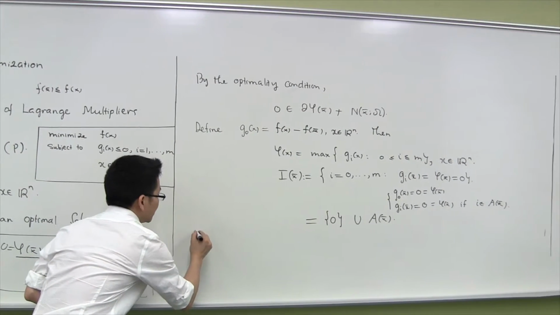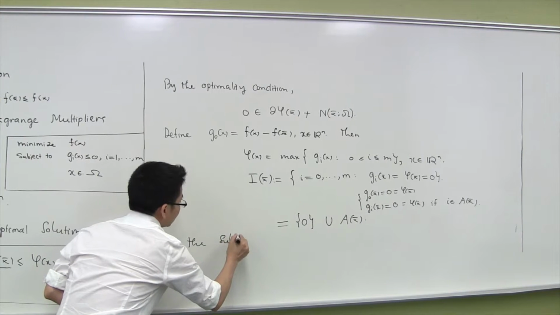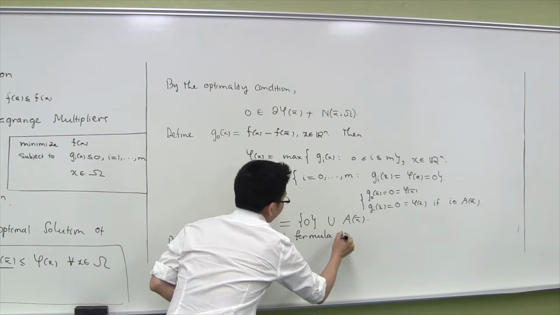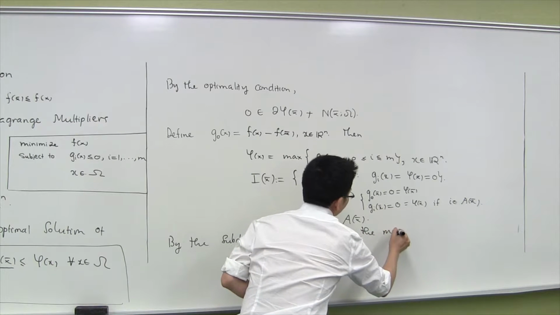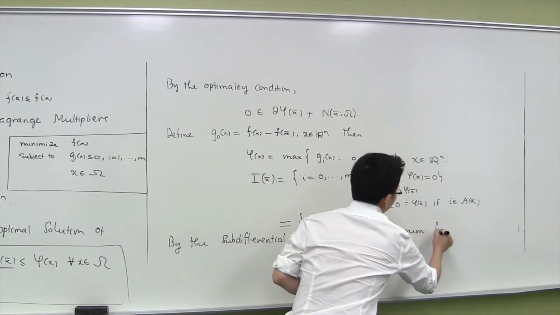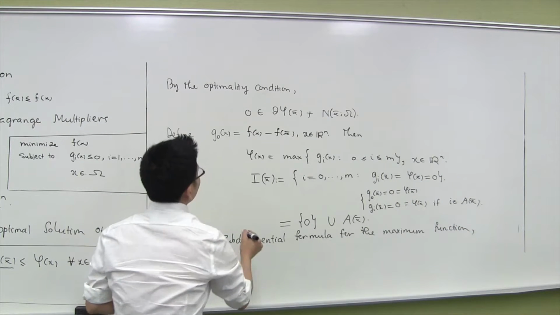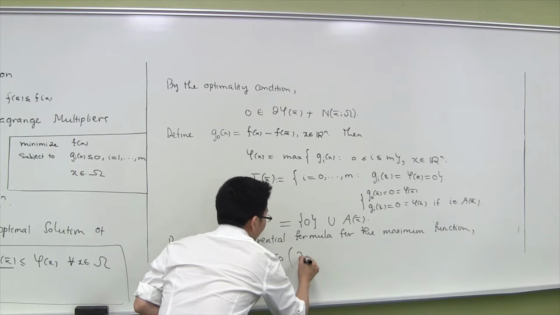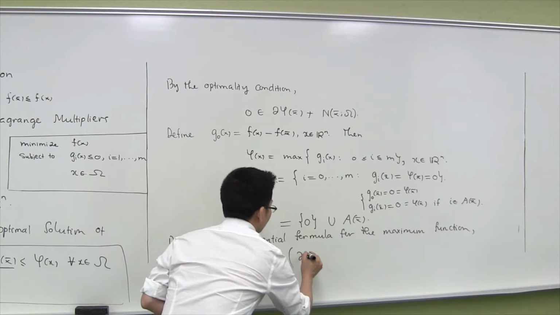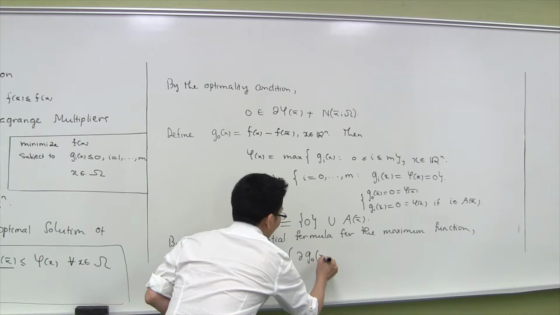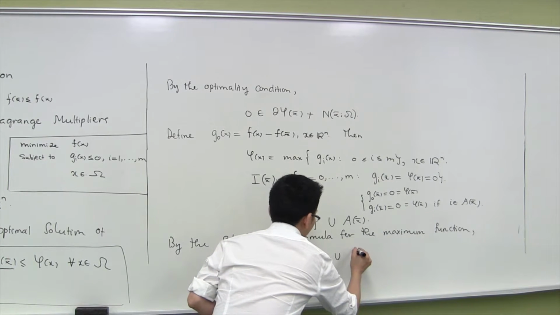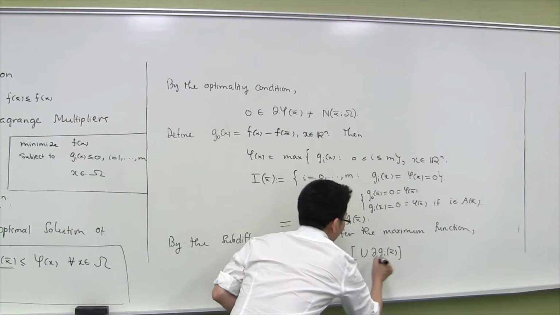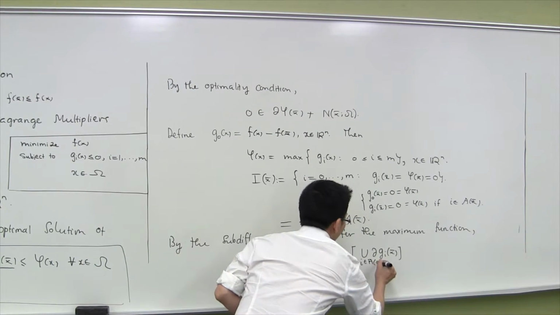So by the subdifferential formula for the maximum function, zero is in the convex hull of the subdifferential of g_0 at x bar, union with the union of the subdifferentials of g_i at x bar, where i runs in A of x bar.